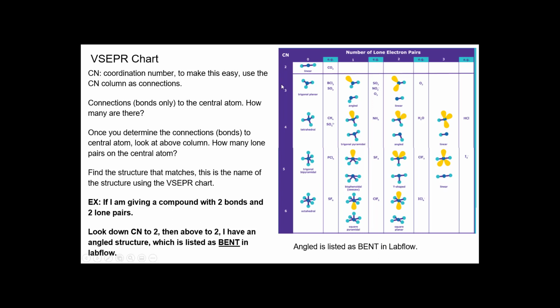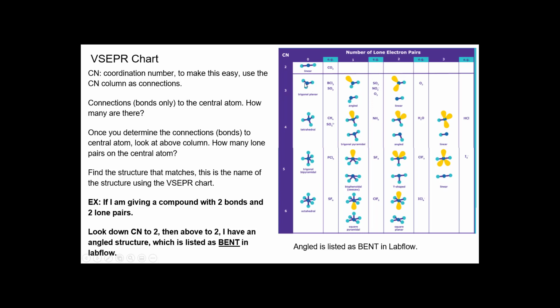I apologize, I made this a little bit not as easy as it should have been. If you have 3, it doesn't have to be bonds, it could be lone pairs. Think of this as connections. If the connections are 1, 2, 3, but one of those is a lone pair, it's going to be angled.